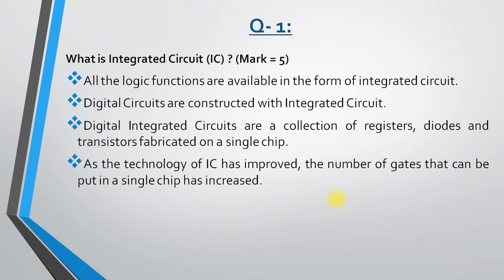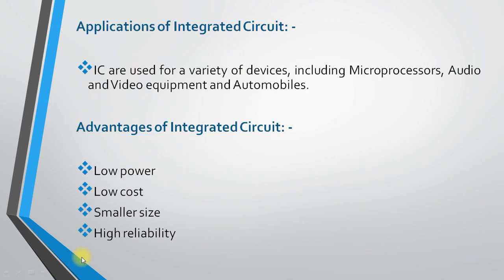Now let us understand the applications and advantages of integrated circuits. Applications means in which field integrated circuits are used. There are a variety of fields in which integrated circuits are used. For example, when you want to integrate a variety of devices, at that time you can use an integrated circuit. It can be used with microprocessors.